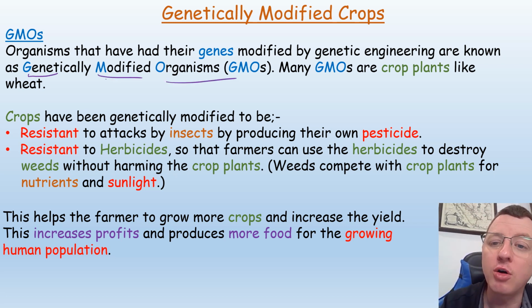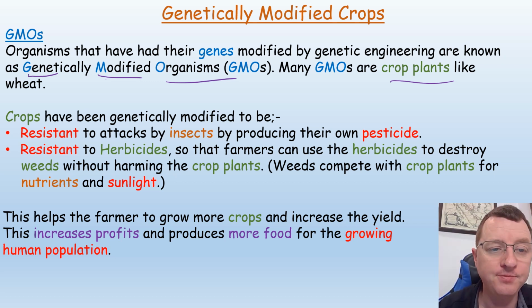Many GMOs are crop plants like wheat. Crops have been genetically modified to be resistant to attacks by insects by producing their own pesticides.